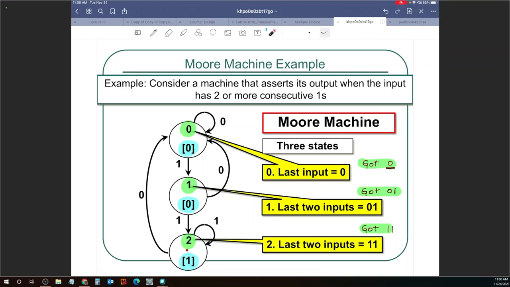If you are in state 2, which means you got 1, 1, and you get a 0, you break the loop and you go back over here. If you are in state 2 and you keep getting 1s, you will stay there and your output will continue to be a 1 because this is for 2 or more consecutive 1s. If you are in the got 0, 1 state and you get a 0, you go back because that counts essentially as a got 0 state.